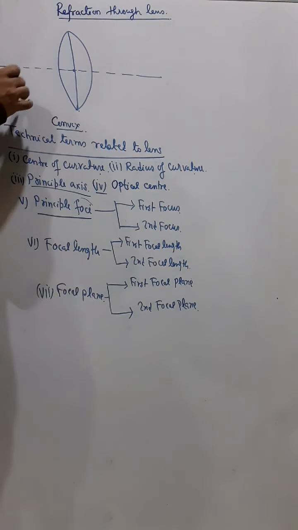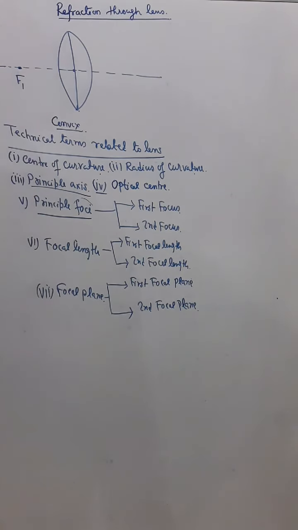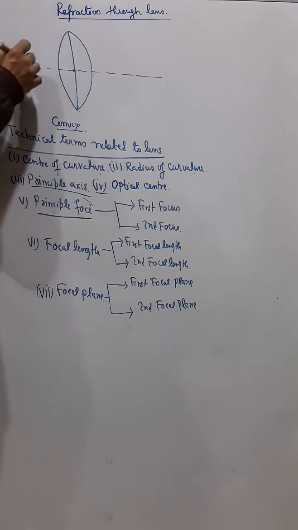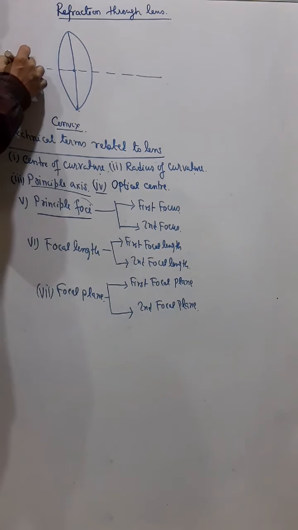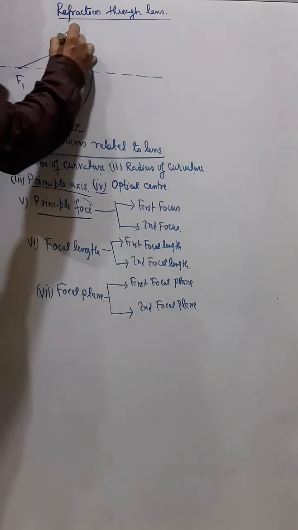Now first focus is a point on the principal axis. Okay, this is the first focus of a convex lens. First focus of a convex lens is a point on the principal axis such that after refraction through the lens, the rays become parallel.